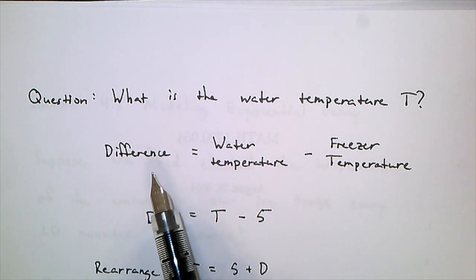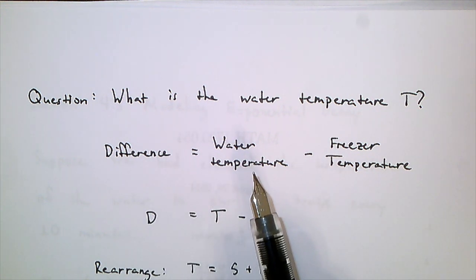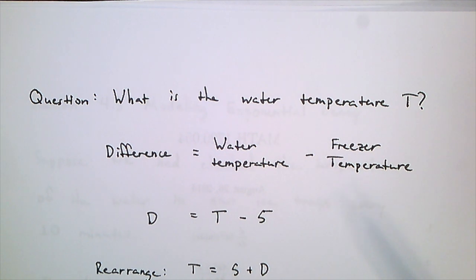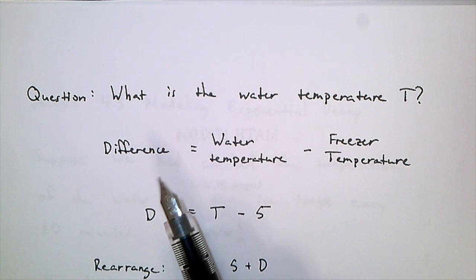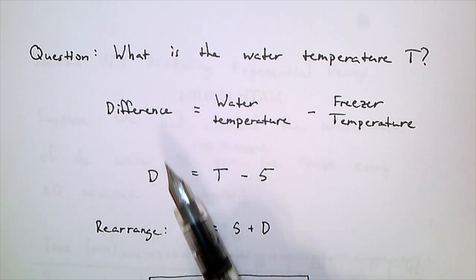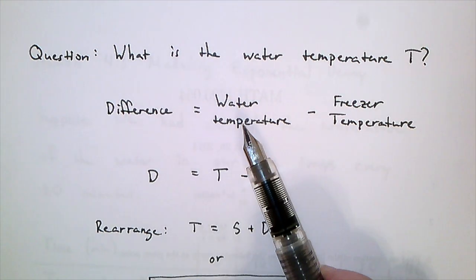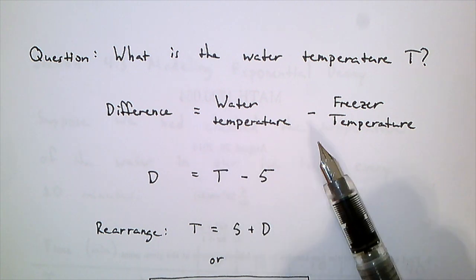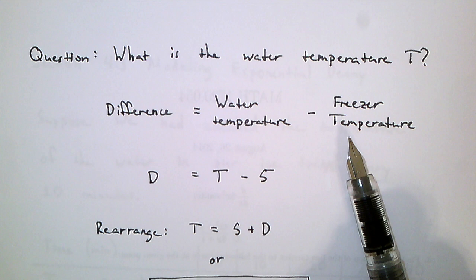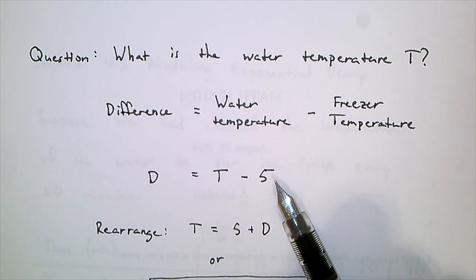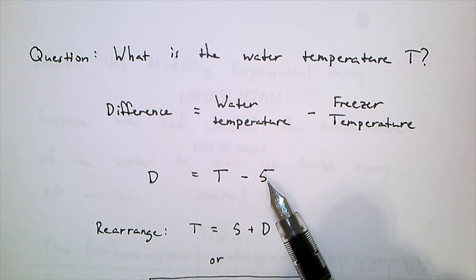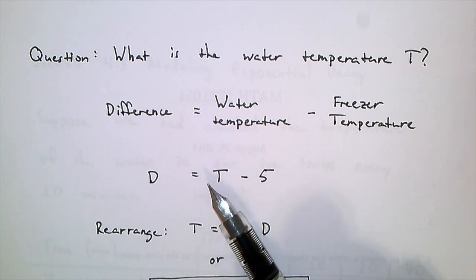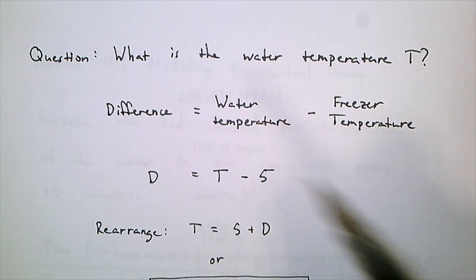So this is just the difference between the water in the ice tray and the temperature of the freezer. And we've already chosen a name for the difference in our formula. It was D. Let's choose T for the variable name for water temperature. And the freezer temperature we know from the problem statement is always going to be 5 degrees Fahrenheit. So fill that in as well. And we get this little formula. The difference is equal to T minus 5.